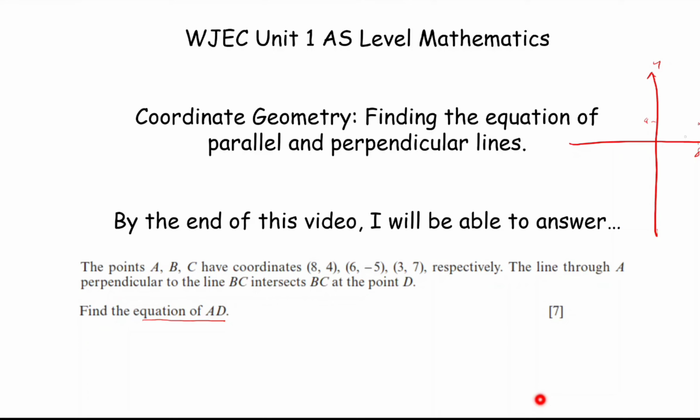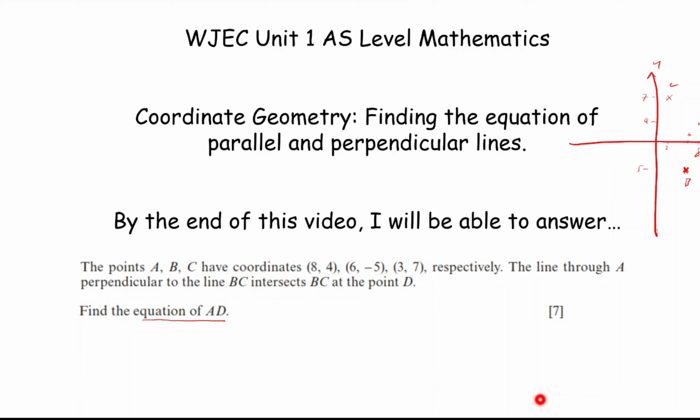Point B has the coordinates 6, -5. C is 3, 7. Let's label that C and that B.